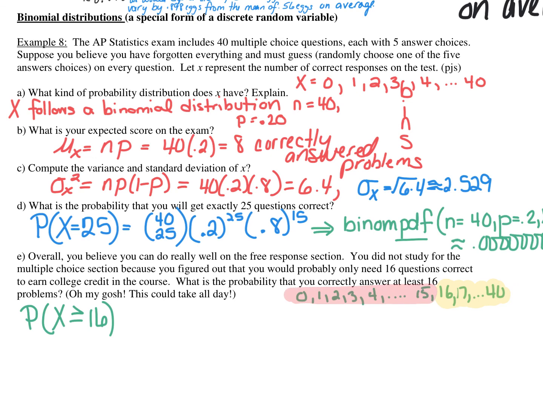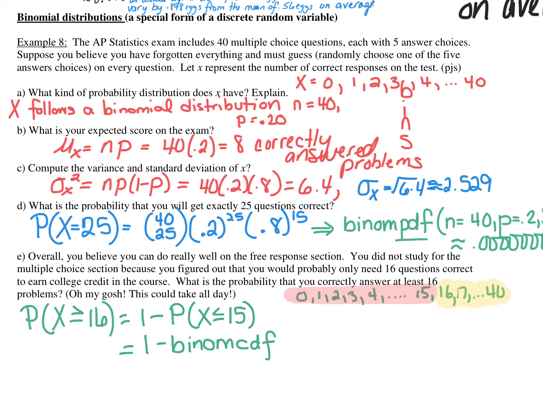Okay, so using this, I'm going to say that this is equivalent to 1 minus the probability that x is less than or equal to 15, or 1 minus binom CDF, so I don't have to write that formula out over and over, or sum it for 0, 1, 2, 3, all the way up to 15.